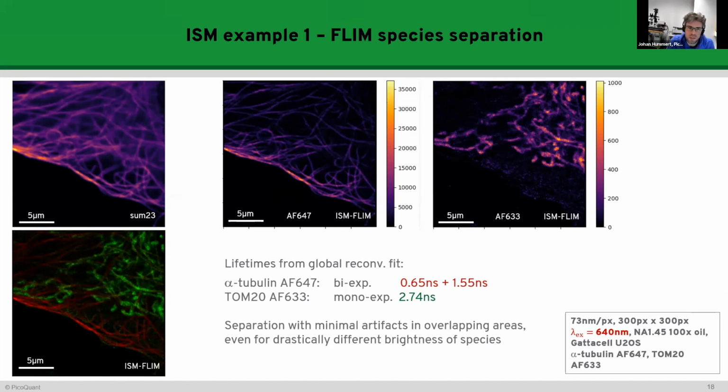But then, separating this by lifetime and processing both separated species with the entire ISM workflow, you can see that even for this challenging sample, where the one species is approximately 35 times brighter than the other species, we can get very nice species separation based on the lifetime, showing in the middle the microtubule image, also processed with the entire ISM workflow, giving improved sectioning, improved resolution.